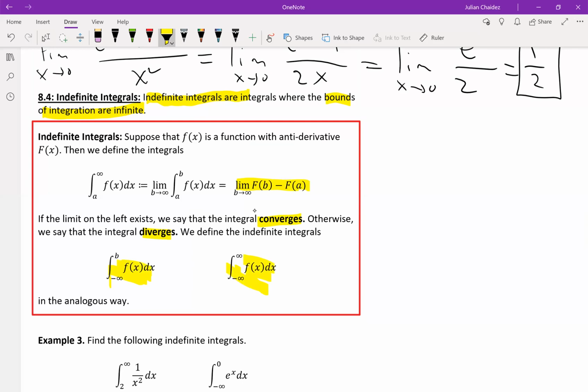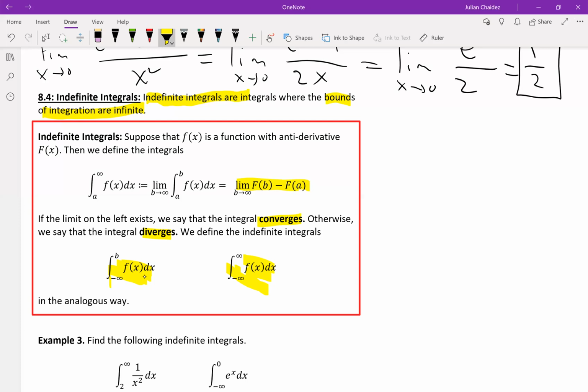So basically, if I was looking at the integral from negative infinity to b, instead of taking the limit of big F of b minus big F of a as b goes to infinity, I would take the limit as a goes to negative infinity. So I would take the other part of this expression to go to negative infinity.